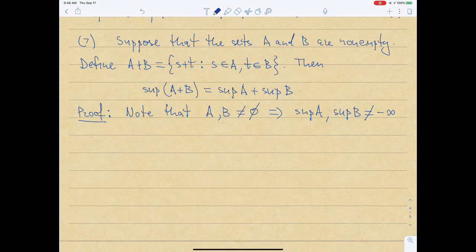Right, because remember, if the supremum is minus infinity, that means that your set does not contain any elements, because you cannot have numbers which are less than minus infinity. So that means that here, when I'm adding stuff, I will not be adding minus infinity to anything.